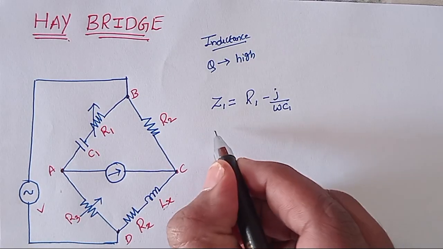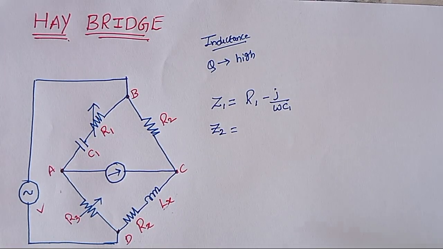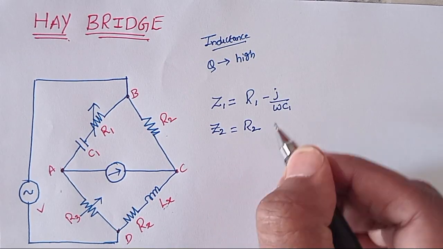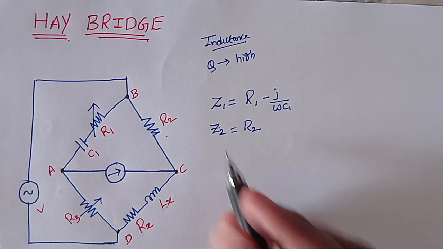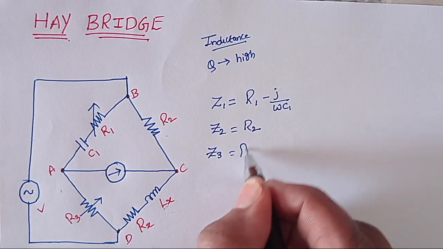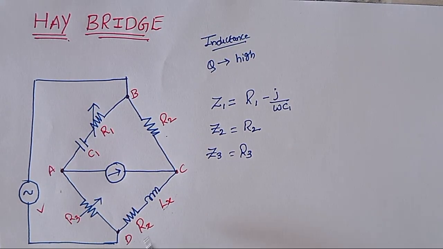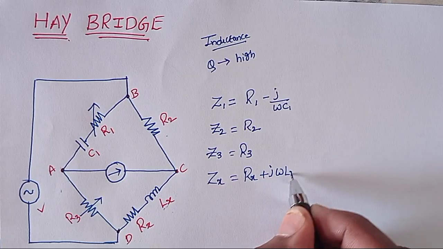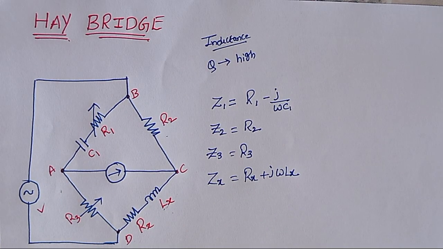The impedance of the second arm is Z2 equals R2. The third arm has only a resistor, so Z3 equals R3. The fourth arm has the series combination of Rx and Lx, so Zx, or Z4, equals Rx plus j omega Lx. These are the four impedances from the four arms.